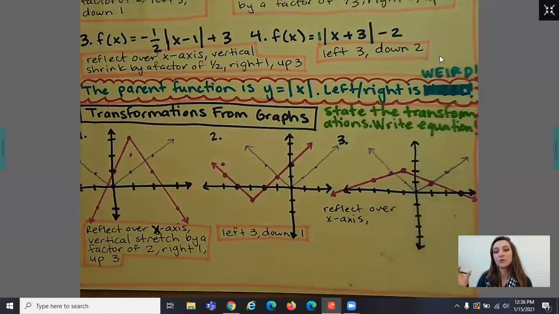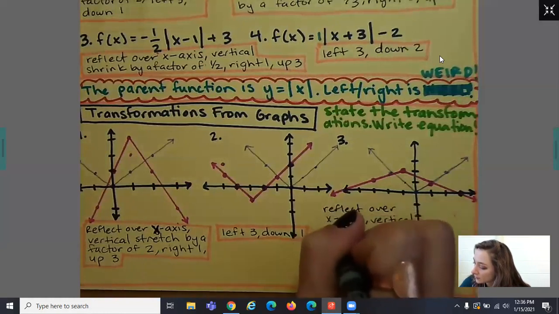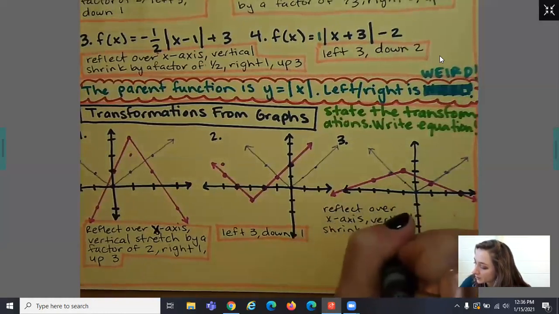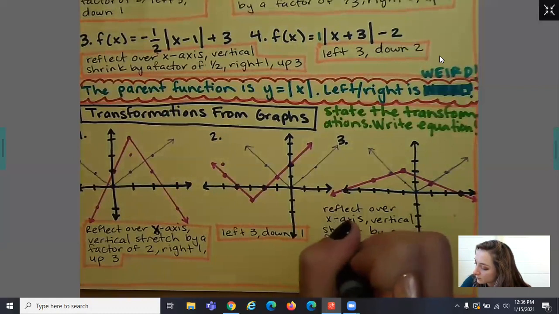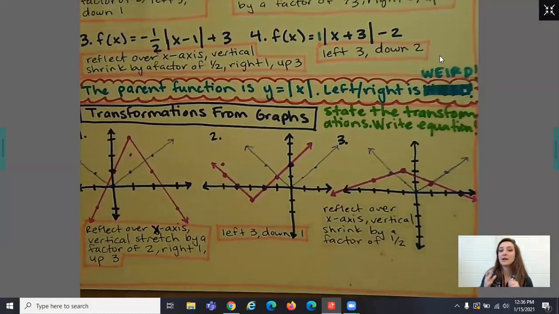Since 1/2 is less than 1, we're going to do a vertical shrink by a factor of 1/2. Again, we're not doing -1/2 because that is already covered by reflecting over the x-axis.